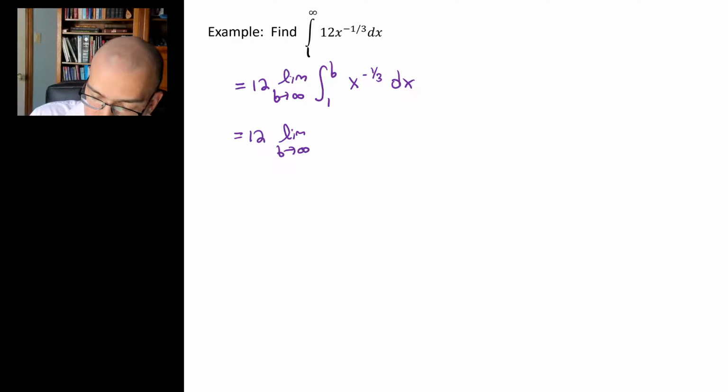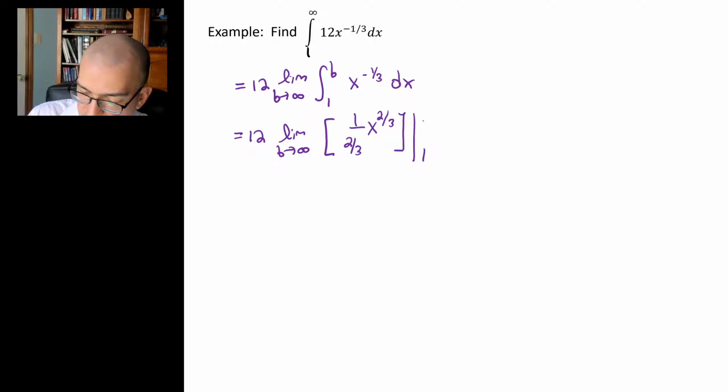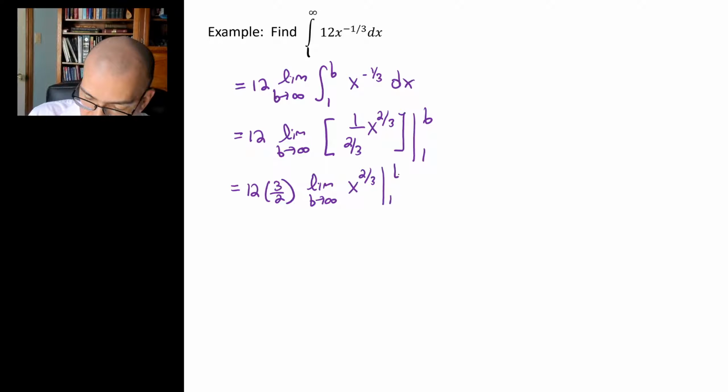And we'll use the anti-power rule. So the antiderivative of x to the power of negative 1/3: the power increases by 1, so negative 1/3 plus 1 becomes positive 2/3. So x to the positive 2/3, and we have 1 over the new power, remember, 2/3 in front, evaluated from 1 to b. And then that's going to be 12 multiplied by 3 over 2 times the limit as b approaches infinity of x to the 2/3 from 1 to b.